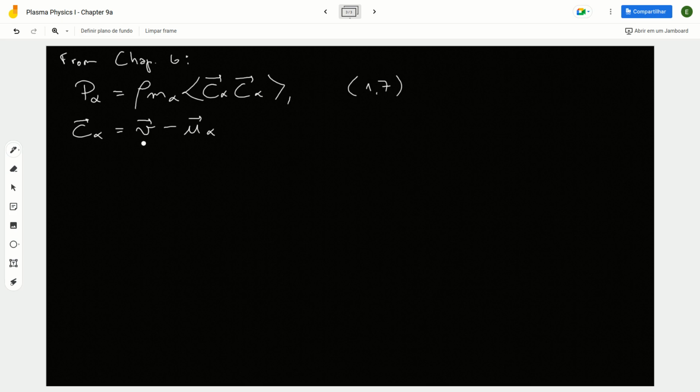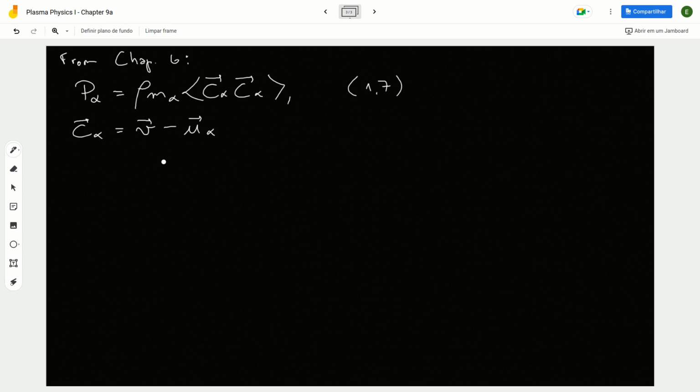So it's basically the difference between the particle velocity and the mean velocity of the alpha particles. This definition then is valid for particles going through a surface of a fluid element moving with the mean velocity of the particles. So we are considering this type of fluctuation velocity in the computation of the pressure.